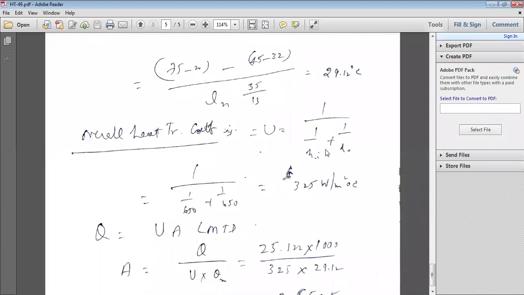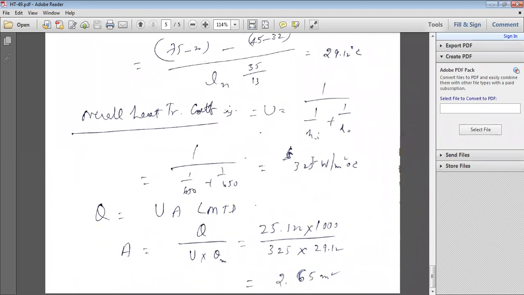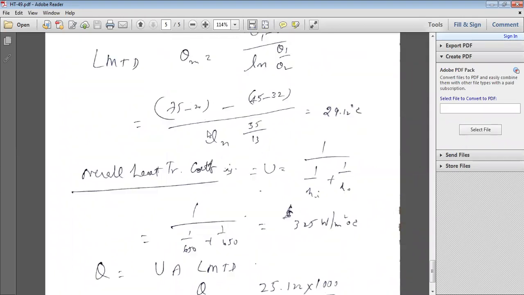So U is equal to 650 by 2. Simplifying, the overall heat transfer coefficient U is 325 watts per meter square Kelvin. Clear?